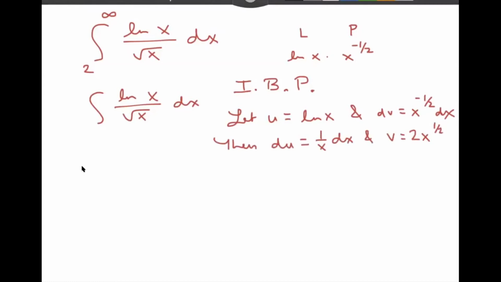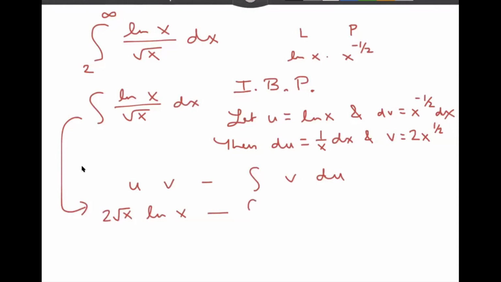Okay, so by ultraviolet voodoo, this integral is equal to 2 square root of x natural log x minus the integral v du. 2x to the 1/2 divided by x would be 2x to the negative 1/2.